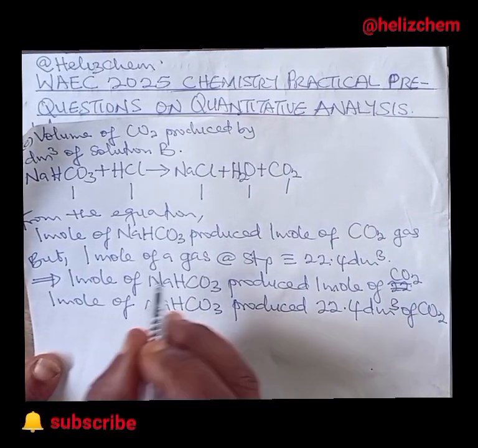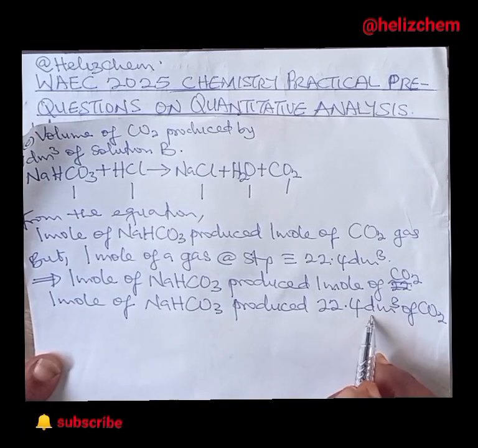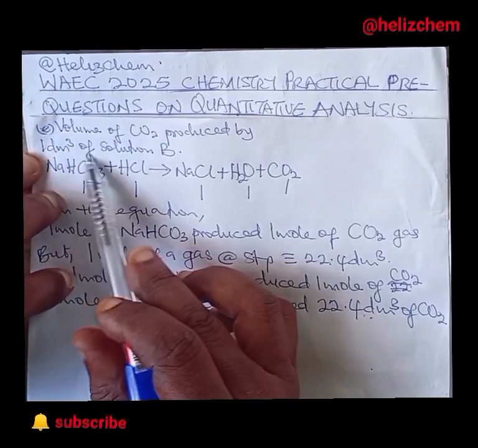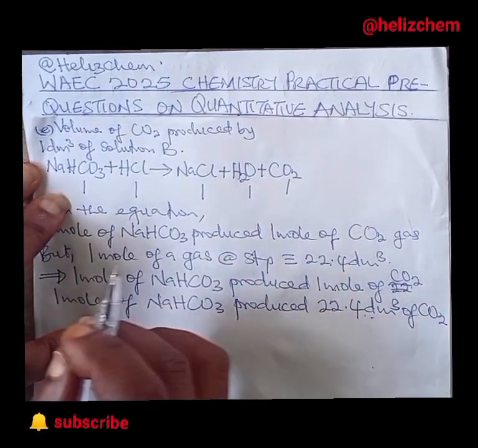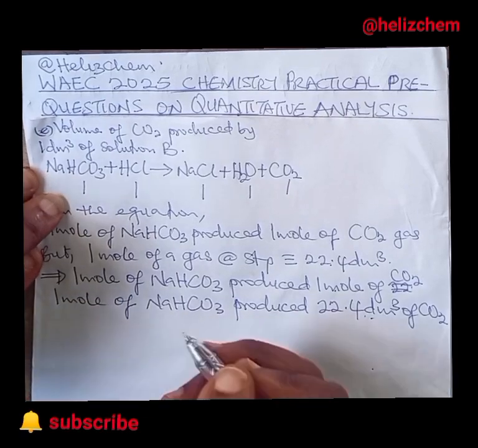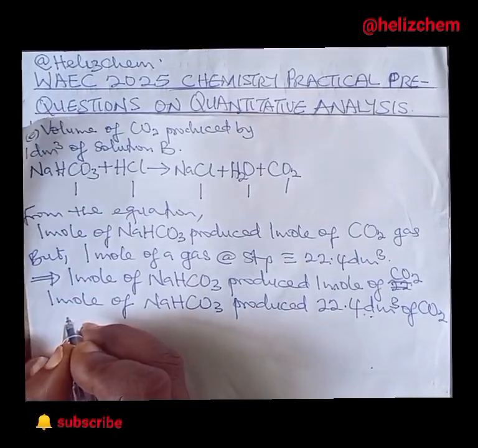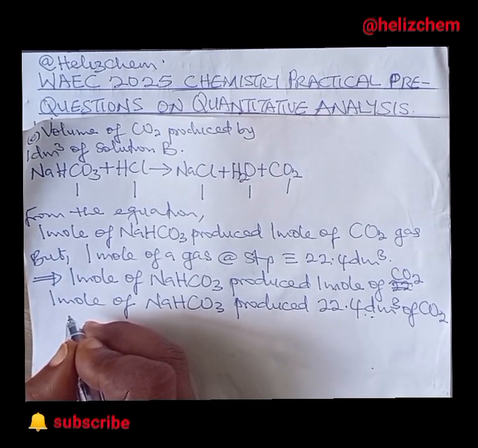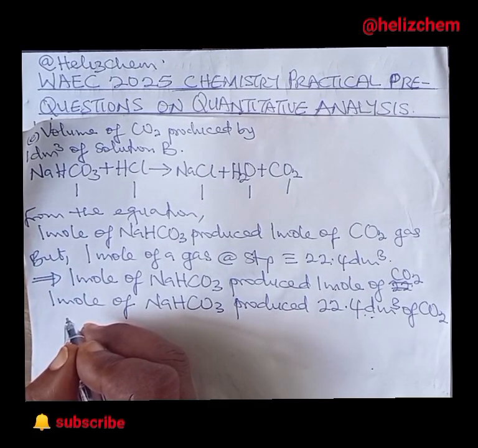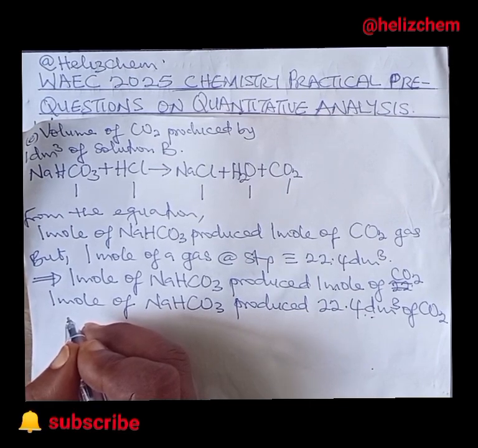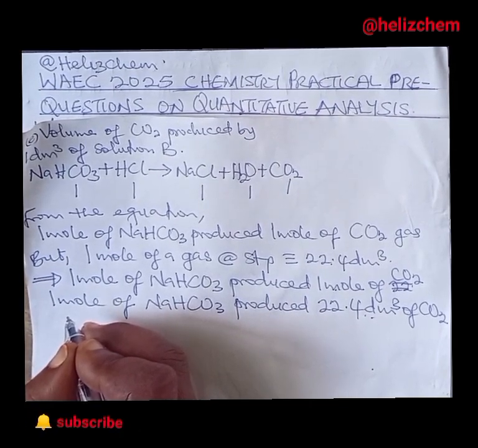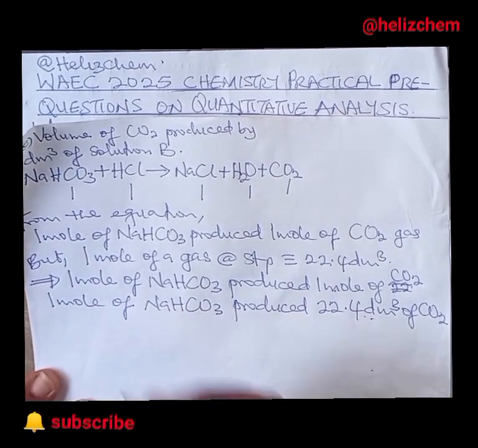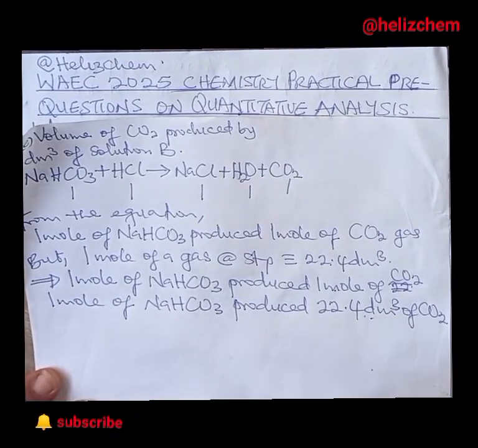So what will be the volume of CO2 that will be produced by 1 dm cube of solution B? We all know that 1 dm cube of solution B contains 0.0937 mole. We had already calculated that when we were calculating the molar concentration of sodium hydrogen carbonate. Molar concentration of sodium hydrogen carbonate was already calculated at 0.0937.